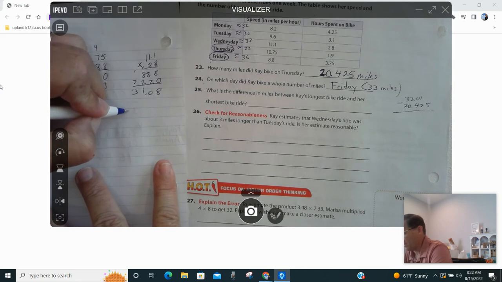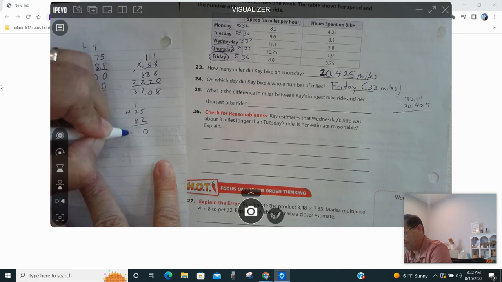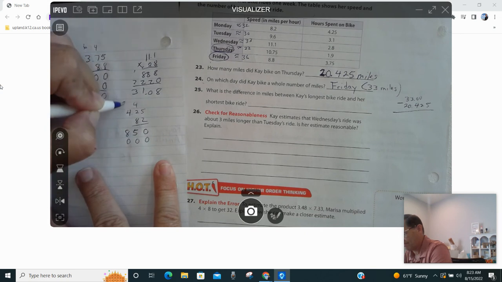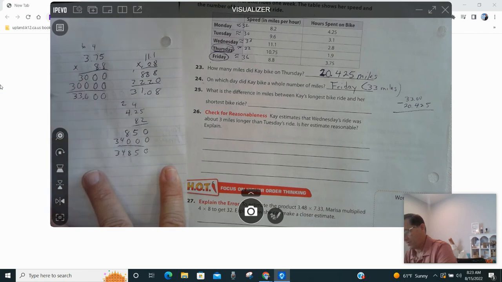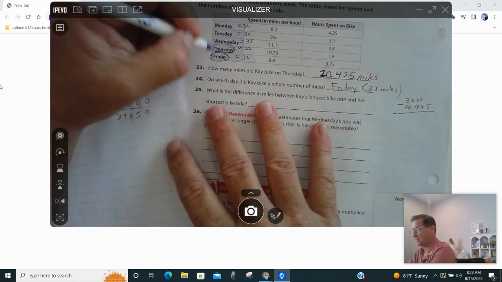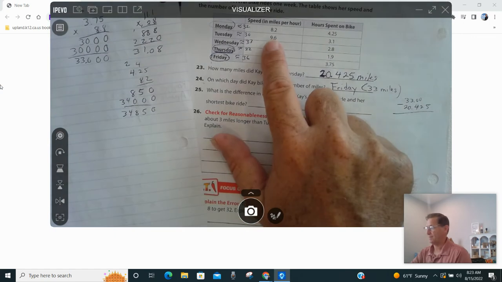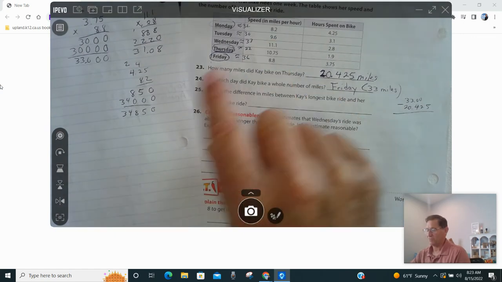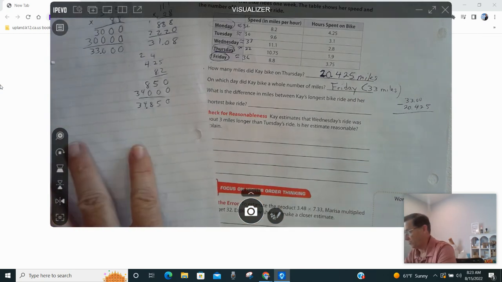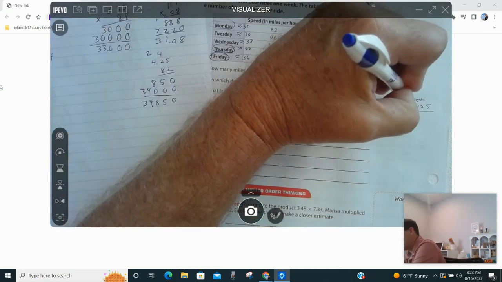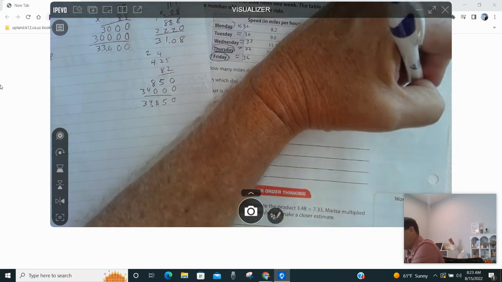I'm going to go ahead and multiply Monday too, just to double check. Oh no, Monday is actually the most. Monday was 34.850 miles. So Monday taken from Thursday.